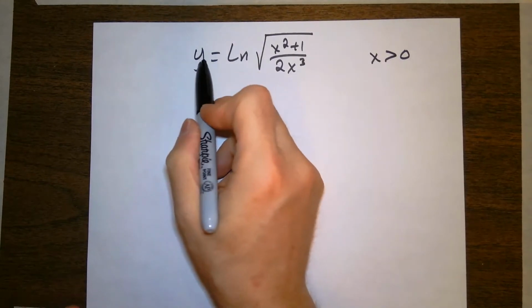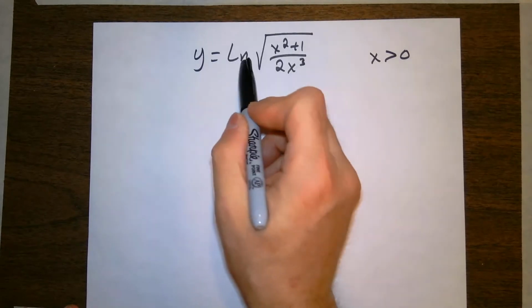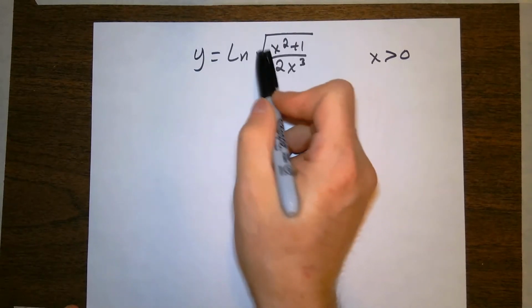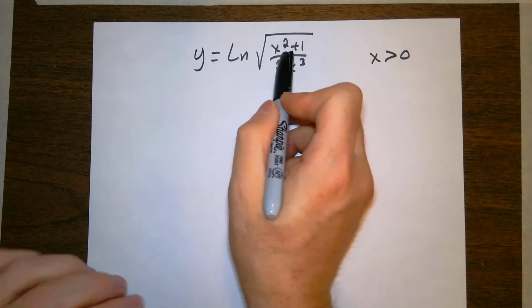So if I take y prime, it's already got the natural log. I'm going to use this to break this function up into a whole bunch of little pieces and then take the derivative of each piece.